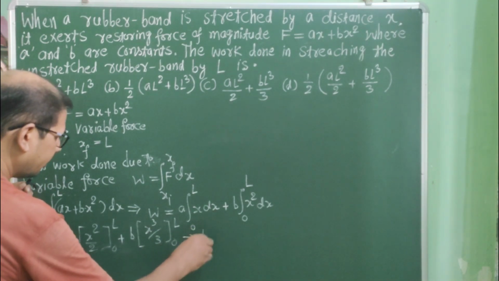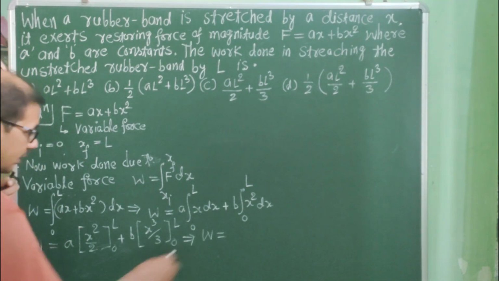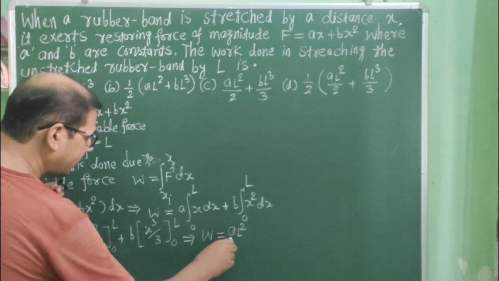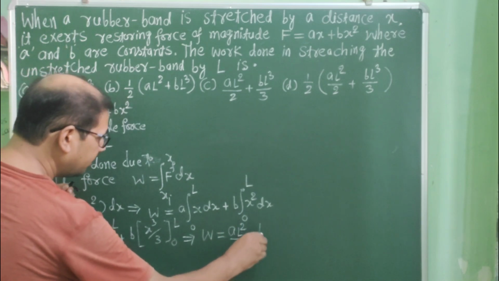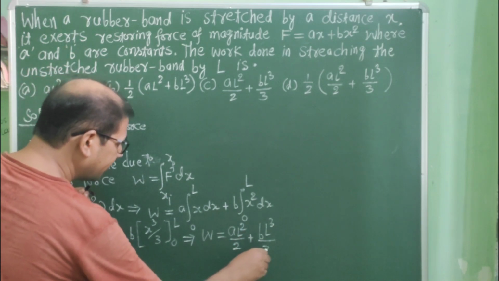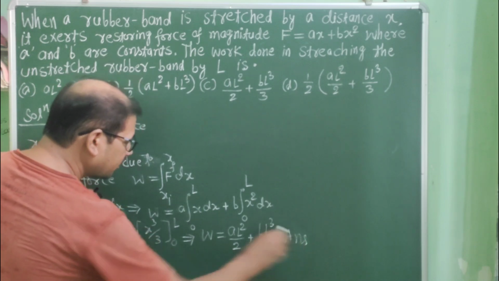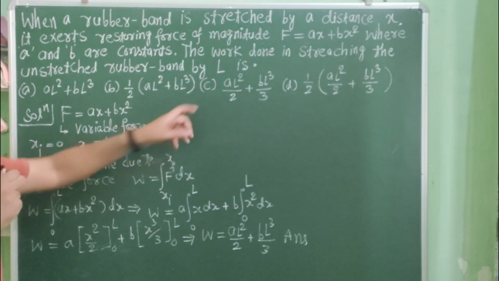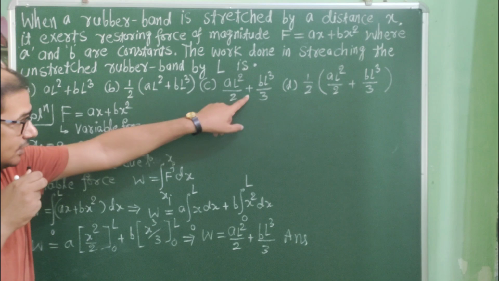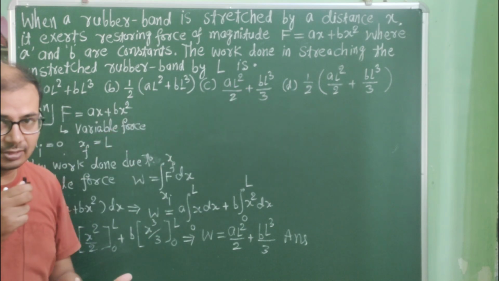Now W equal to aL square divided by 2 plus bL cube divided by 3. This is the answer.